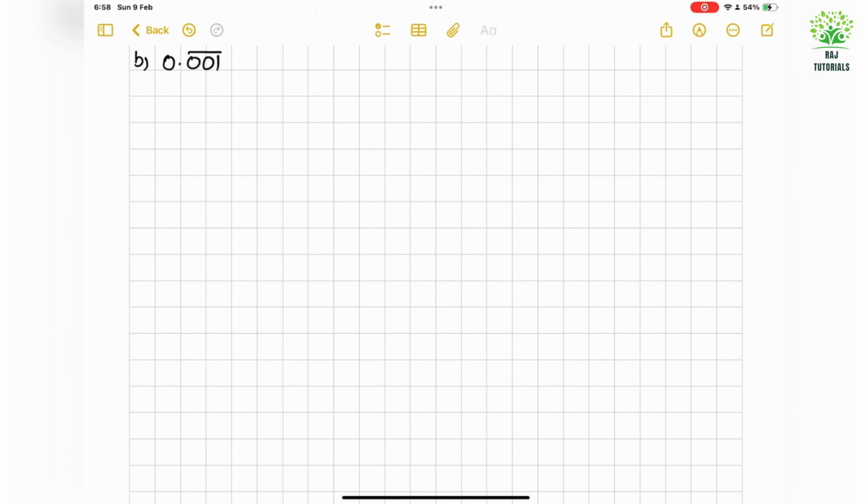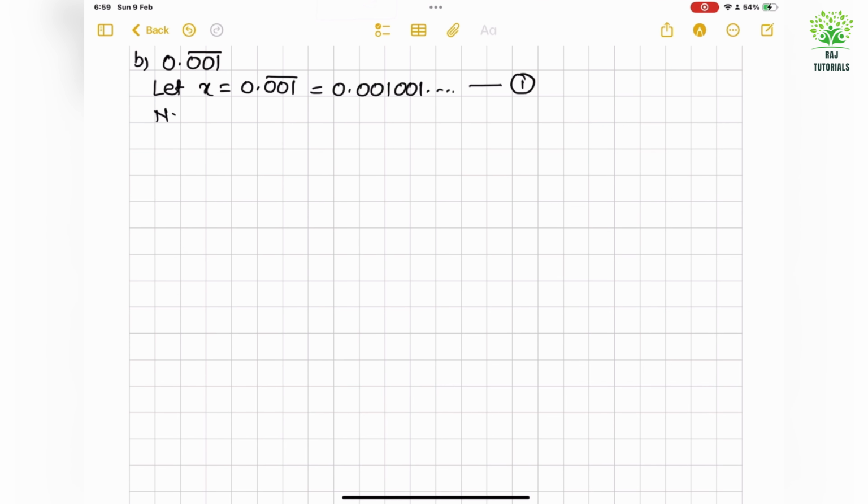Now, the next one says 0.001 bar. So again I will be doing that. Let x equal to 0.001 bar. So this will be equal to 0.001001 and so on. So this I am giving as one number.